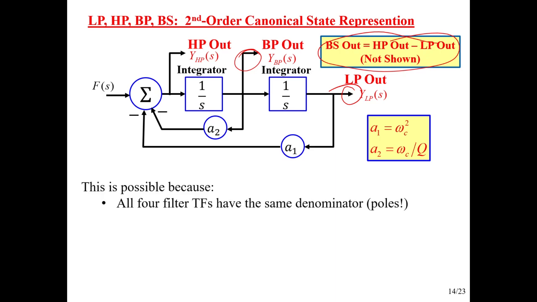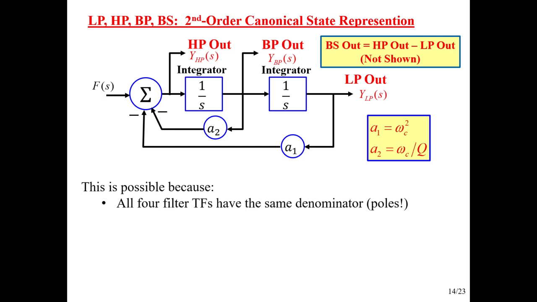Here's the cool thing: we can get all four of these filters because, as we saw, all four of them have the same denominator. That means they have the same poles, and it's the state system equation or the dynamics equation that sets the poles, and it's the output expression that sets zeros and so forth.